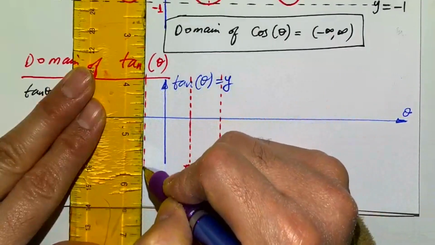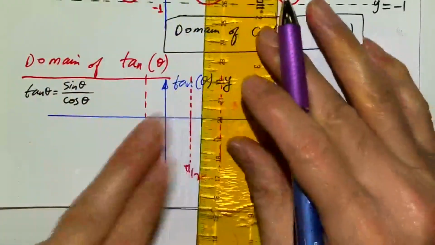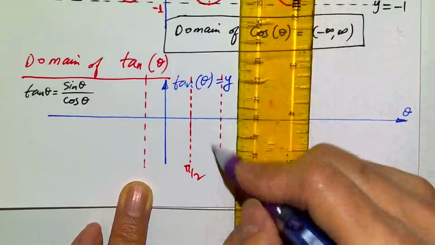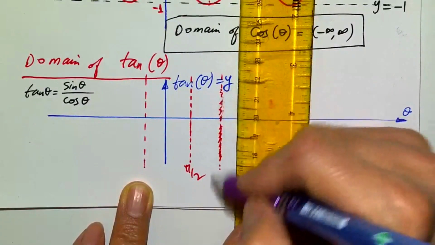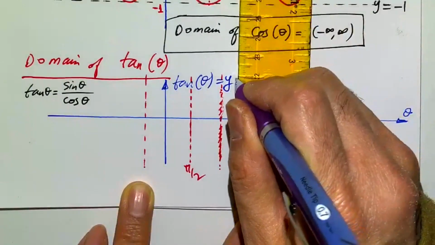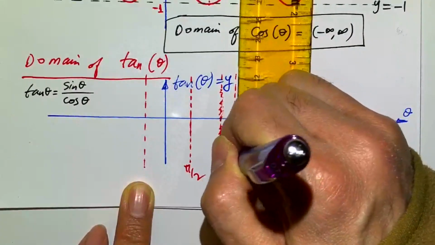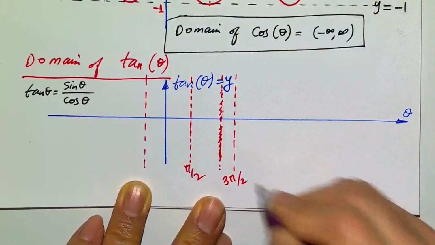The correct position for this line will be somewhere here. So please ignore that for now. Ignore this line. I will erase it and clean this up. So the correct point would be here, like that. And that would be 3 pi over 2.